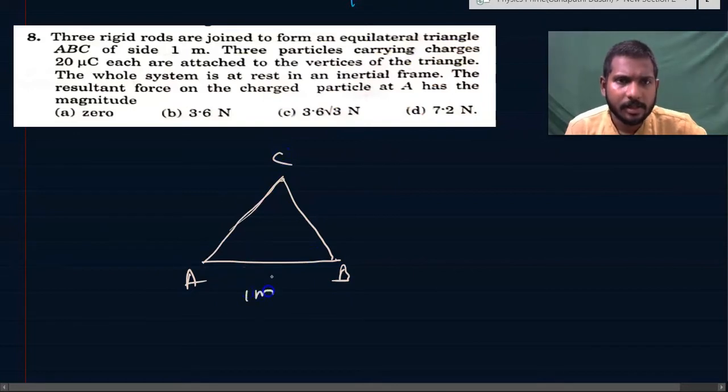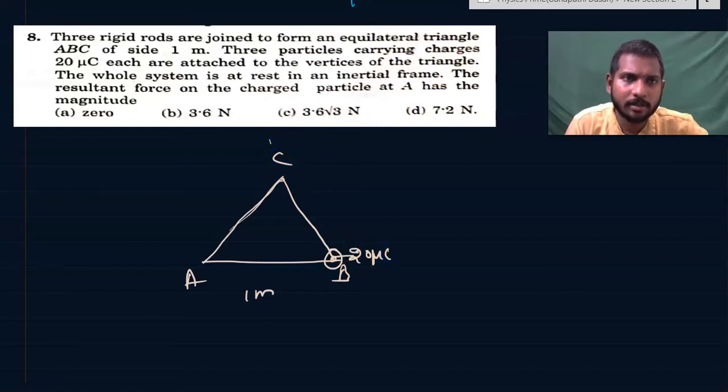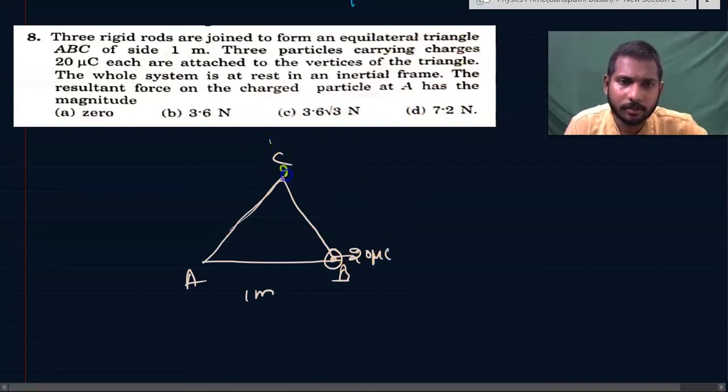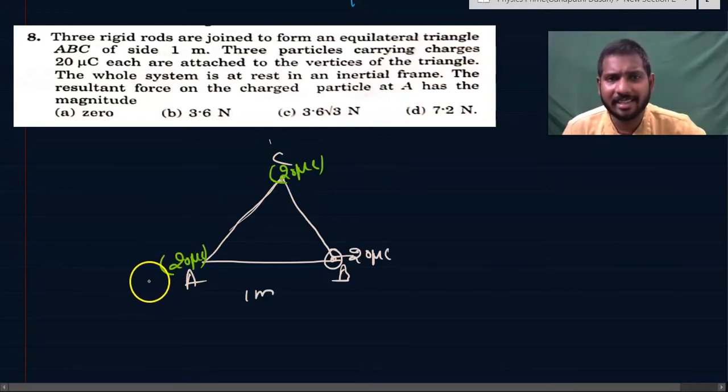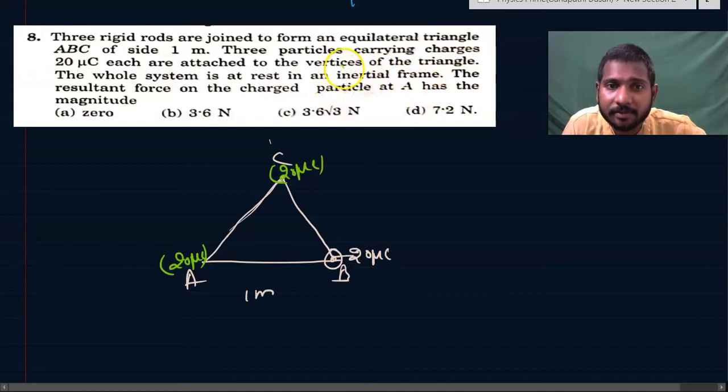Three particles carrying charges 20 microcoulombs each are attached to the vertices of the triangle: 20 microcoulombs here, 20 microcoulombs here, and 20 microcoulombs here. The whole system is at rest in an inertial frame. The resultant force on the charged particle at A has the magnitude... The whole system is at rest in an inertial frame.